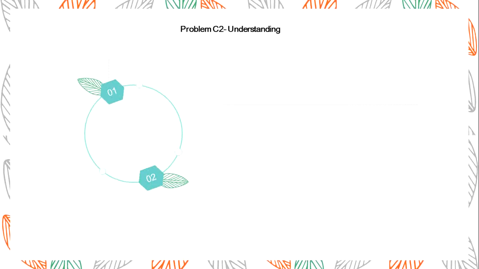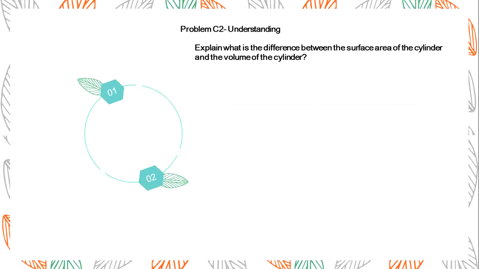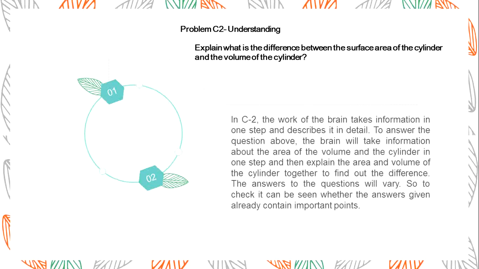Okay, the next is problem cognitive 2, understanding. The example problem is, explain what is the difference between the surface area of the cylinder and the volume of the cylinder. Why is this question included in problem cognitive 2? Because in cognitive 2, the work of the brain takes information in one step and describes it in detail.